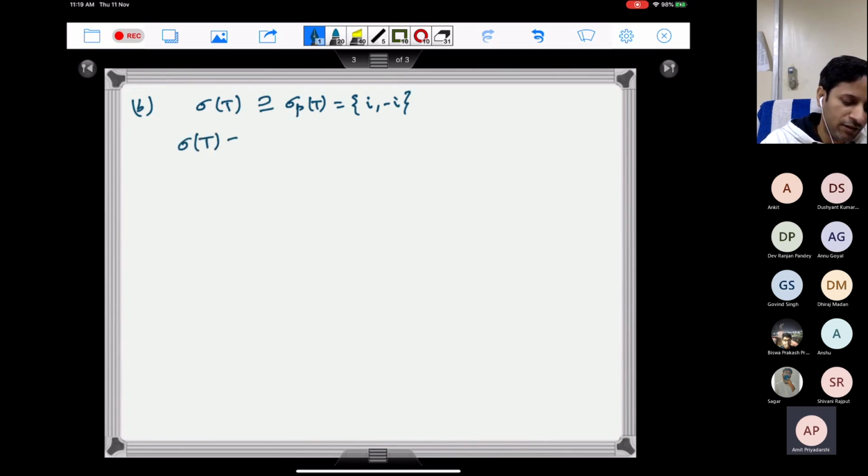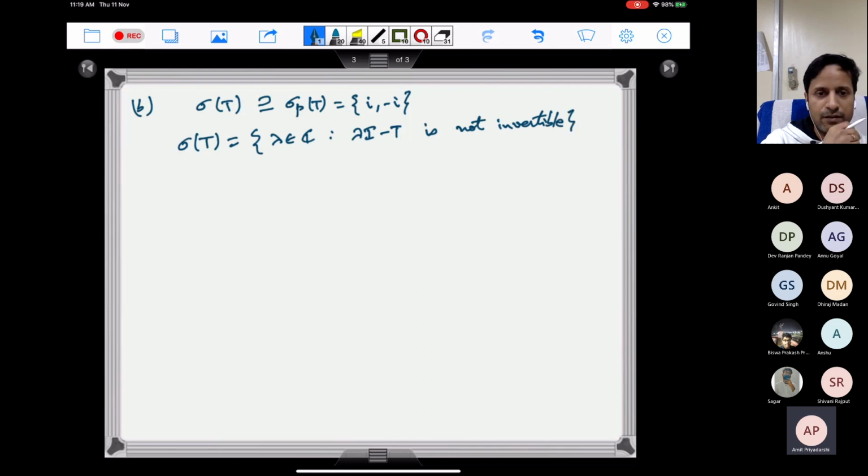Sigma T we know is all lambda in C such that lambda I minus T is not invertible. So this will consist of all lambda where either lambda I minus T is not 1-1 or this is not onto, right?